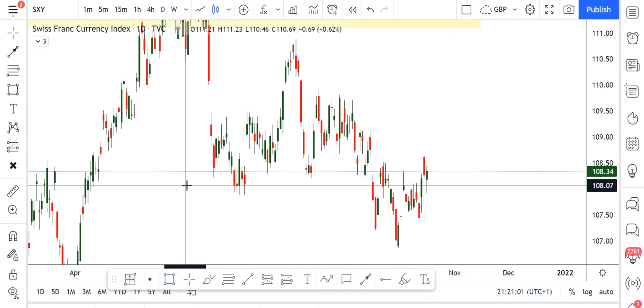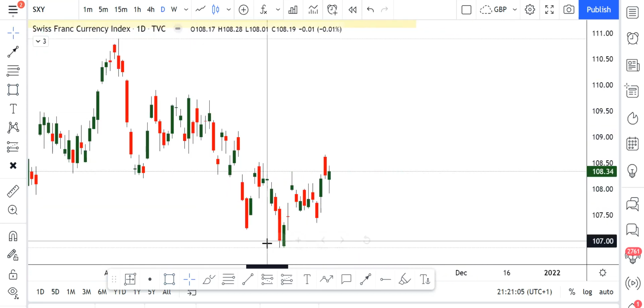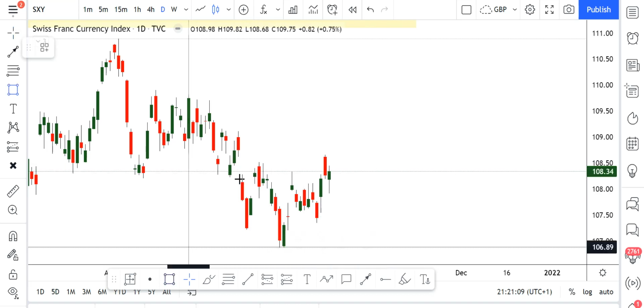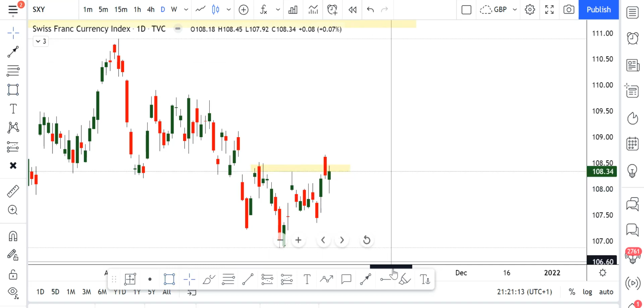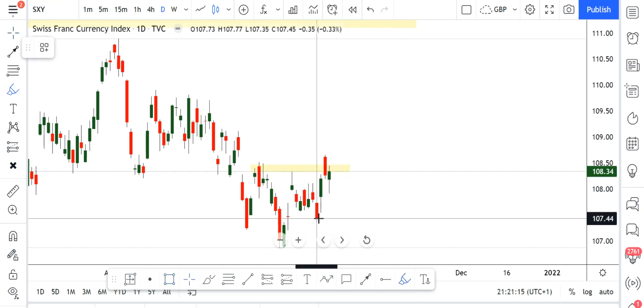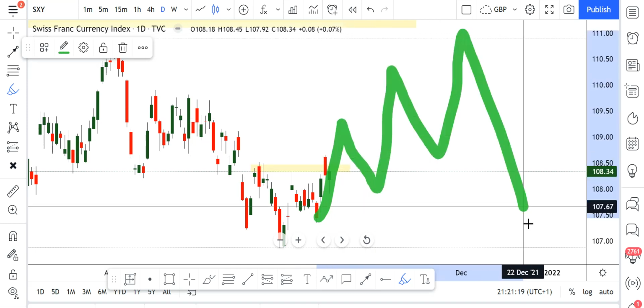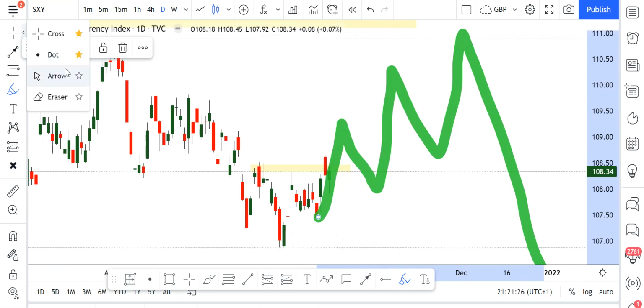Now, on the daily, we've made a very good low to the downside. We've made this low, we moved up, we made this low. But unfortunately, we've broken above the previous low. And when something like that happens, it's likely we can see price moving something like this before a fall. That is very, very much possible in the market.